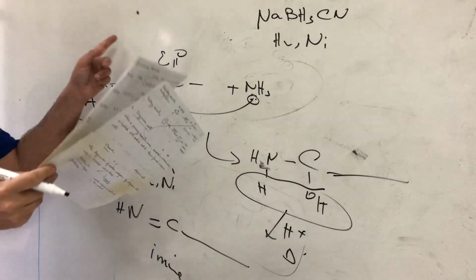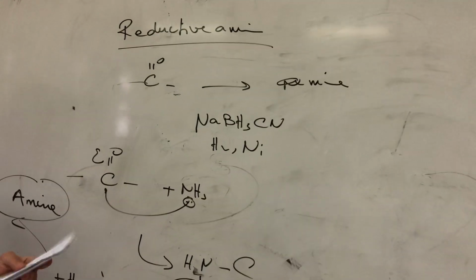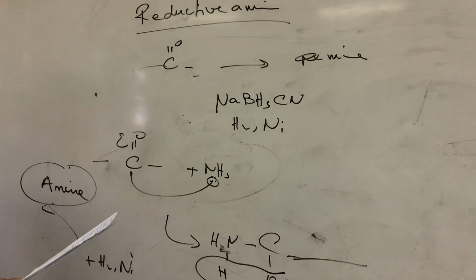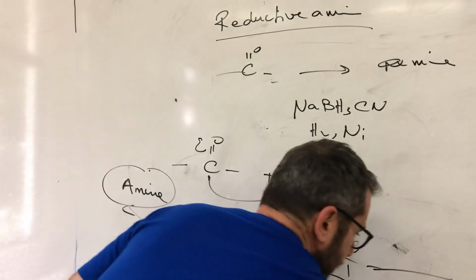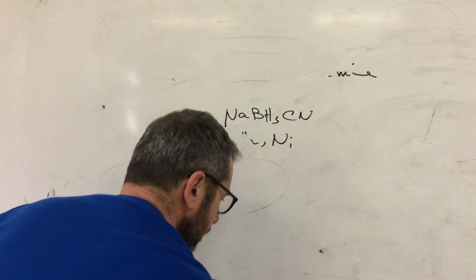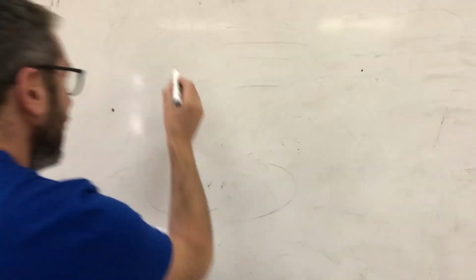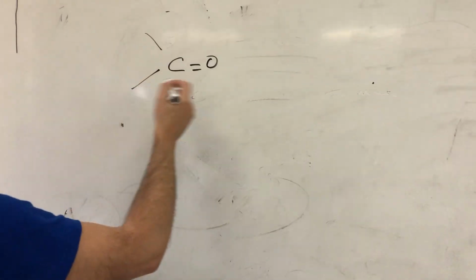What is the type of amine obtained? It depends on what you add on the carbonyl. For example, this is a carbonyl, aldehyde or ketone, with H, H or H, R or R, R'.